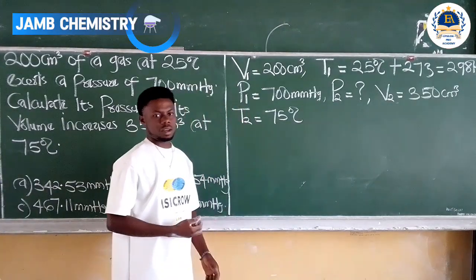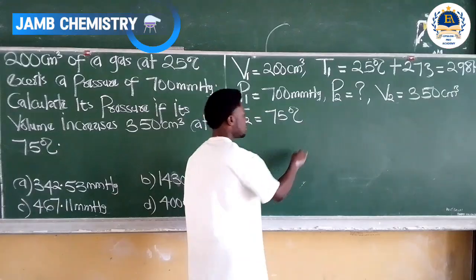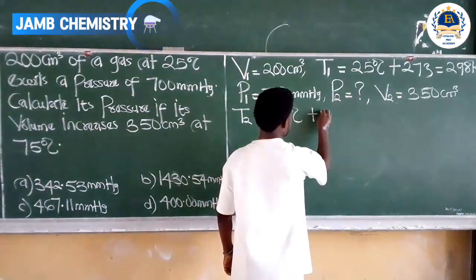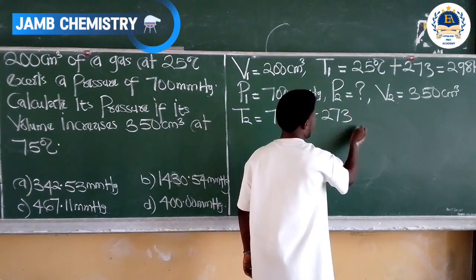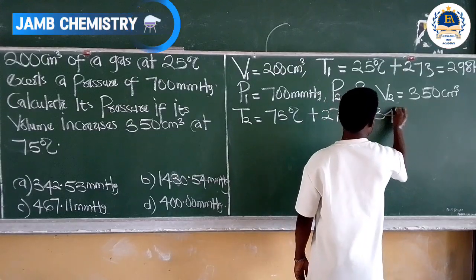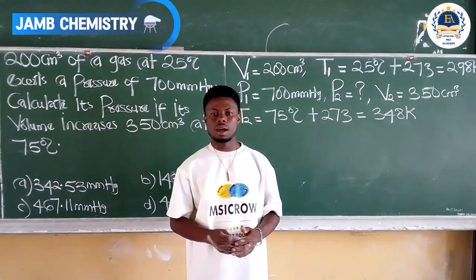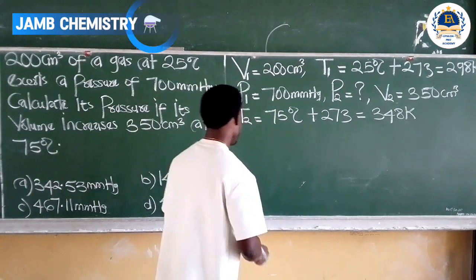You also have to convert the temperature from degrees Celsius to Kelvin by adding 273. So this will yield 348 Kelvin. Next thing is to write the general gas law formula.